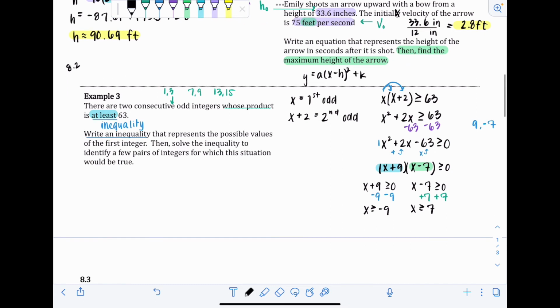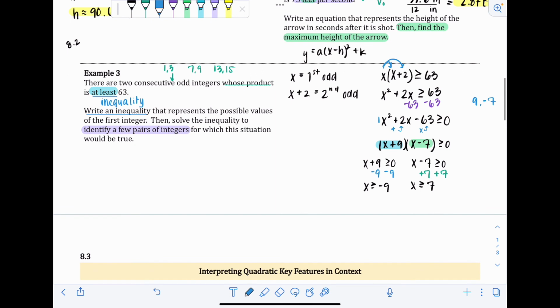So there are a couple of different pairs that we could use to identify a few pairs of integers for which this situation would be true. So from x is greater than or equal to negative 9, we could do negative 9 and negative 7, because negative 7 is greater than negative 9.